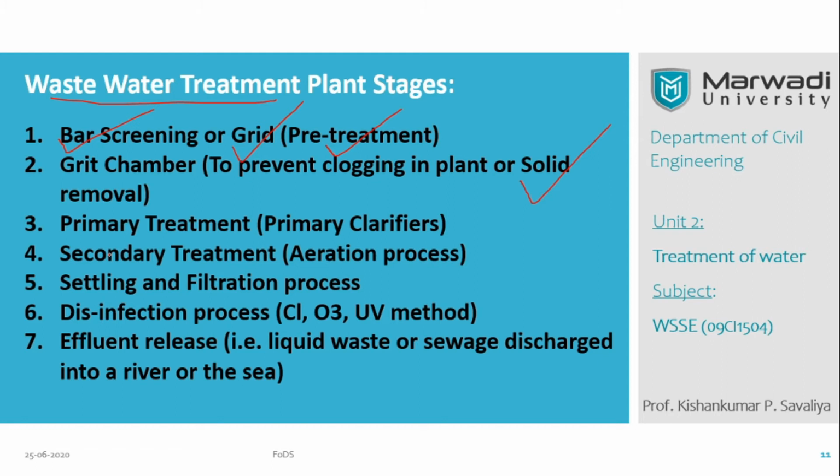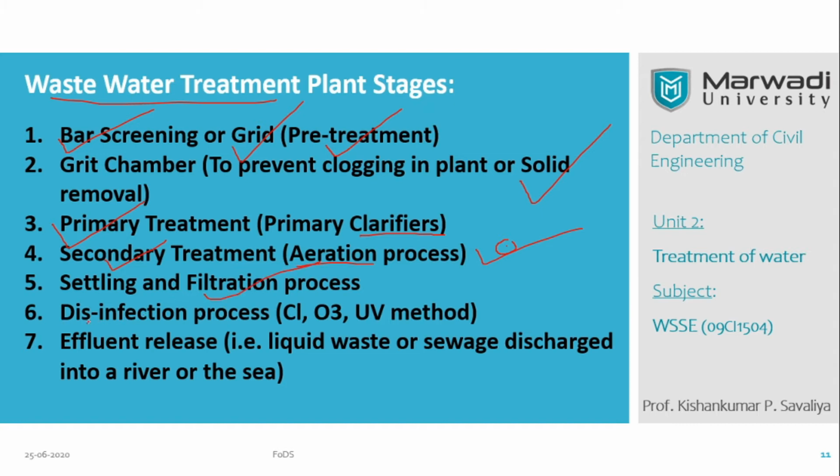Then we will go for the primary treatment. There will be clarifiers. Then we will go for the secondary treatment. Aeration process is there in the secondary treatment plant. Basically we are inserting air bubbles into our fluid to get the treatment of the water. Then the fifth stage is settling and filtration process.